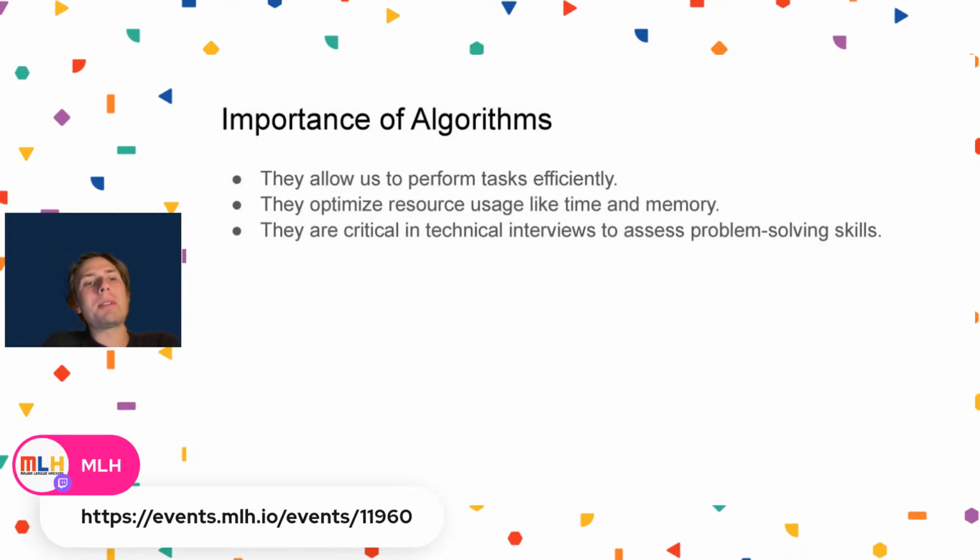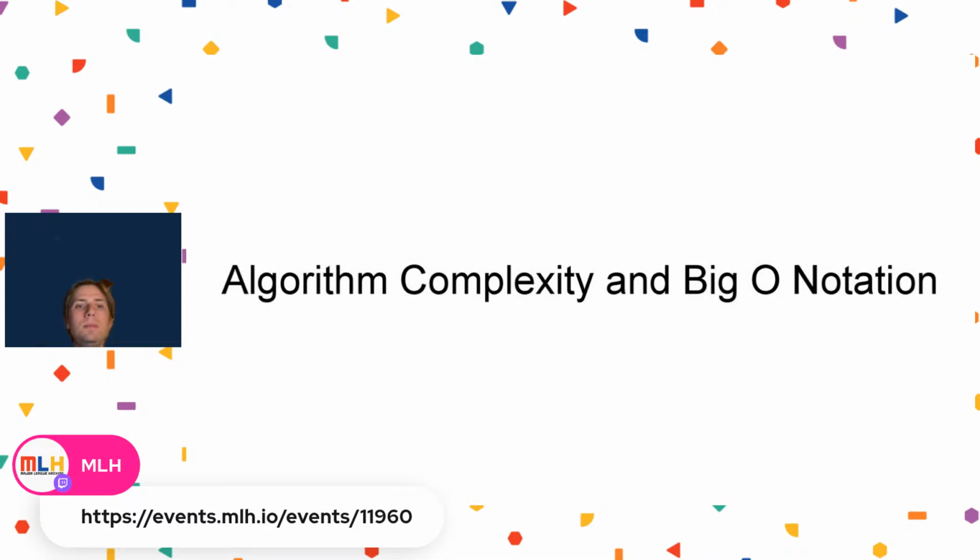And they optimize resource usage like time and memory in the computer to help you out when you're building complex code. And they're critical in technical interviews because many times interviewers will ask you to implement an algorithm like a searching algorithm or a sorting algorithm or explain how they work in a certain context. So really useful for all these reasons.